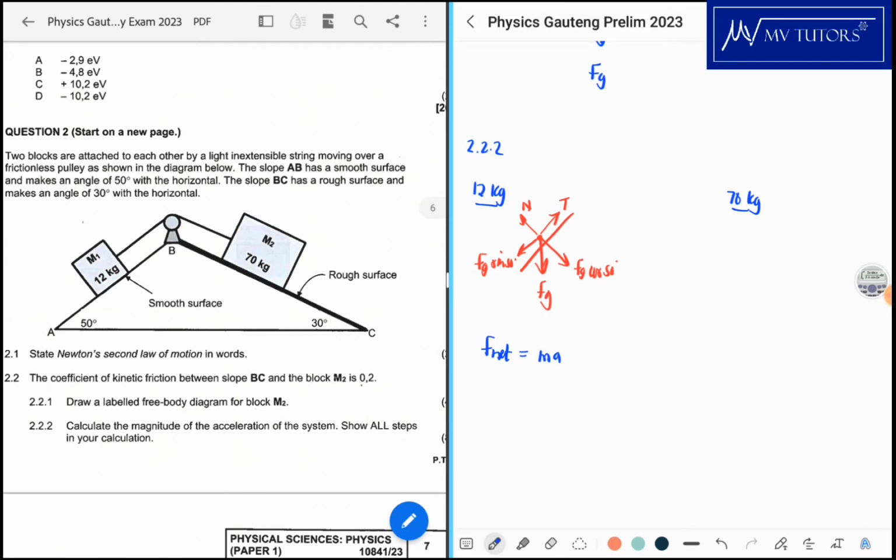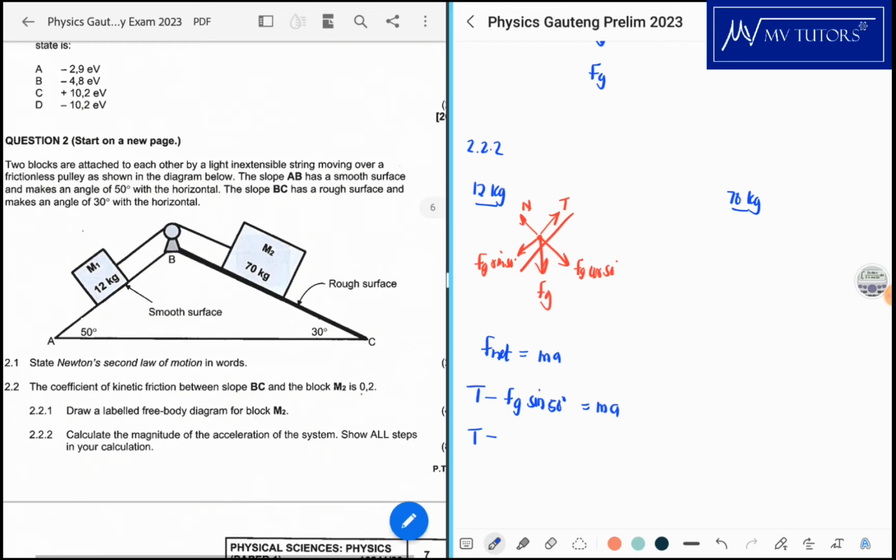If we take upwards as positive, then we would say tension minus Fg sine 50 degrees is equal to Ma. Now let's just put in, we don't know what tension is, mass times gravitational acceleration, and then we have sine 50, and that would be equal to 12 times a. Okay, so that is for the 12 kg block.